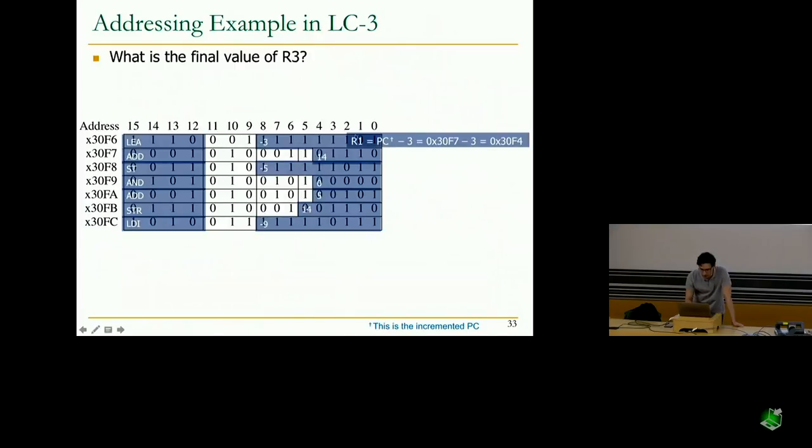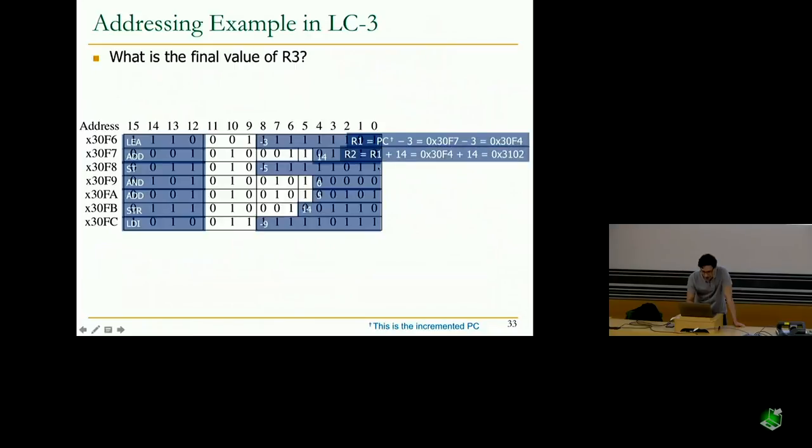So we are storing in R1 the result of PC -3, this literal that we have here. Observe that because this is the incremented PC, and the incremented PC is the address of the next instruction, the result is this address -3, so it's 30F4, one address around here.